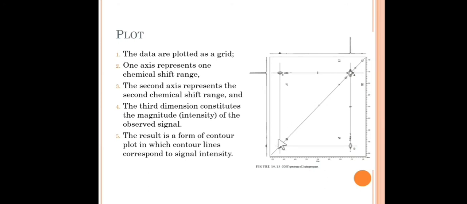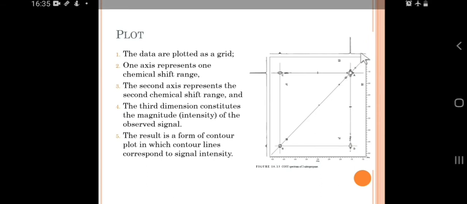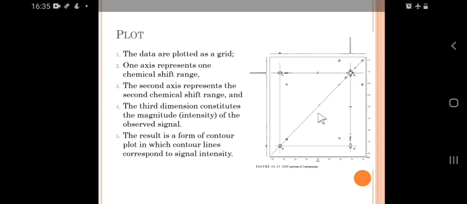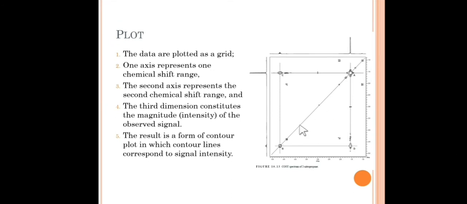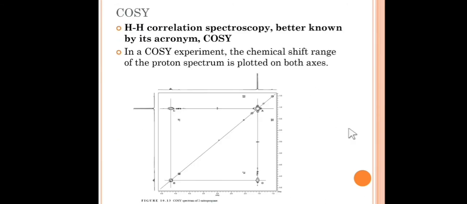This diagonal is the third dimension, which constitutes the magnitude of the observed signal, and this is simply our H1 NMR of one dimension. So this middle line or diagonal is not of any use for us. This is just our one-dimensional spectrum, but the off-diagonal peaks, I will show you.